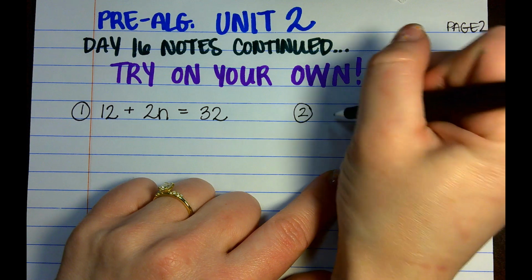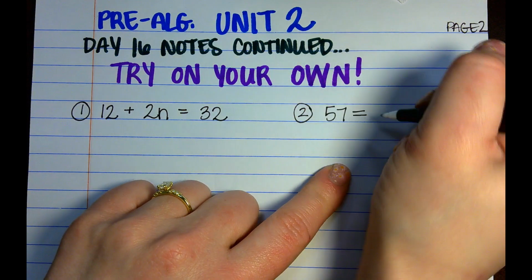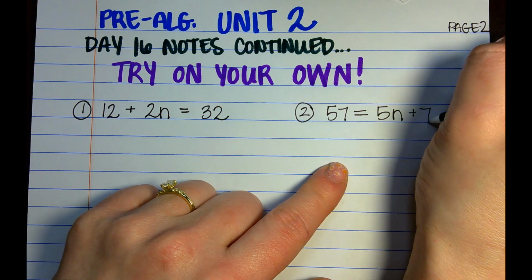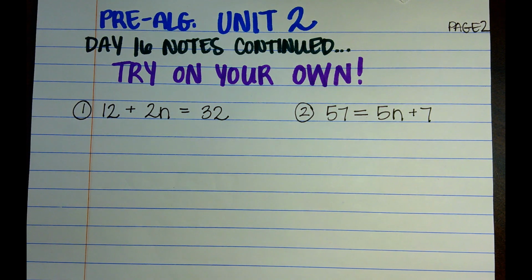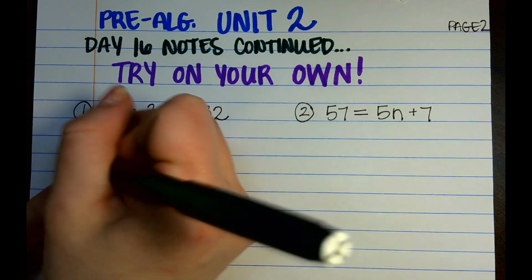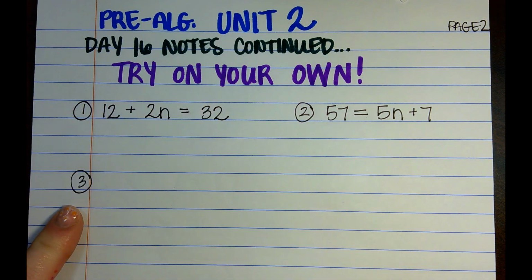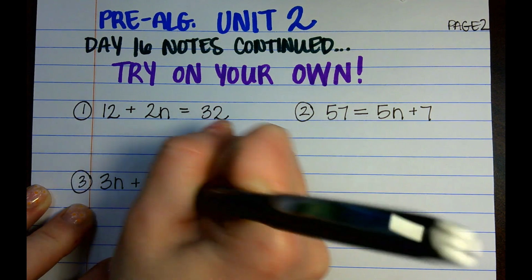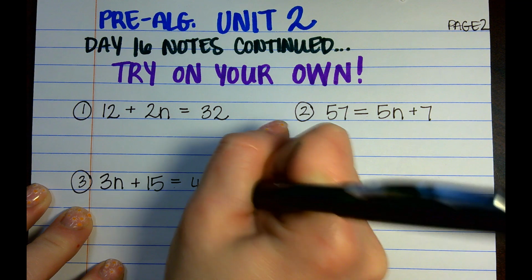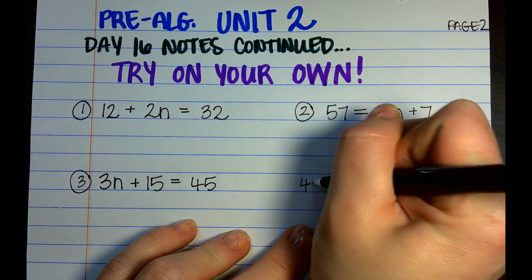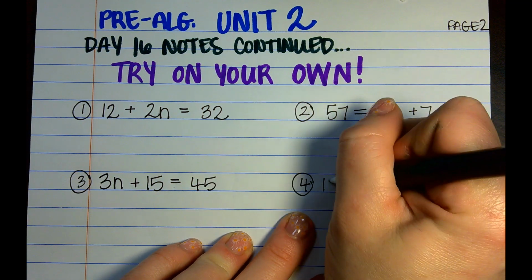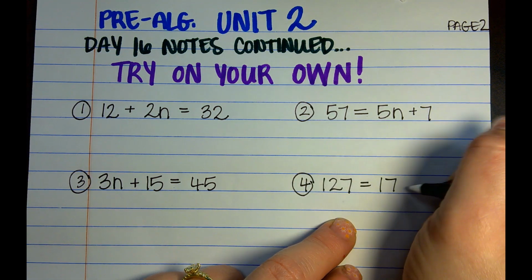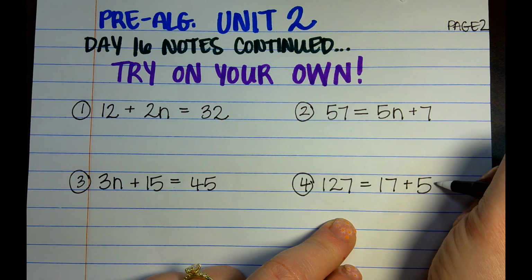Number 2: 57 equals 5n plus 7. 3n plus 15 equals 45, and 127 equals 17 plus 5n.